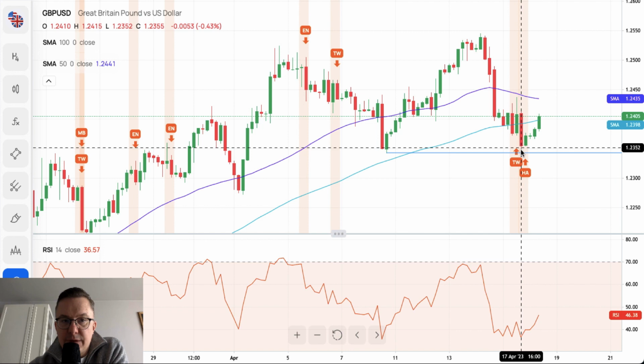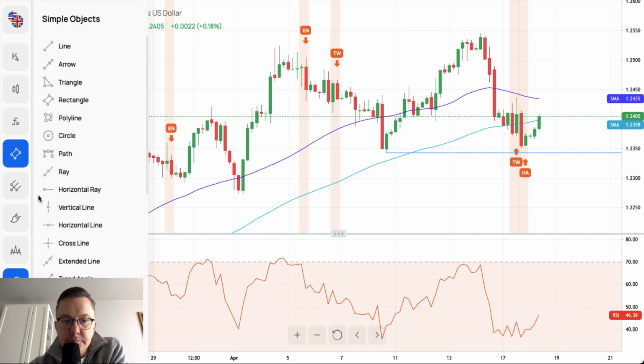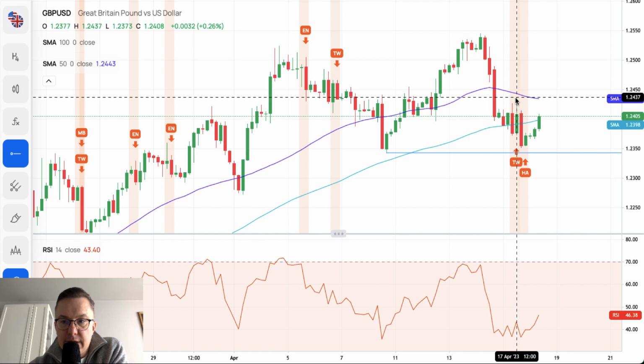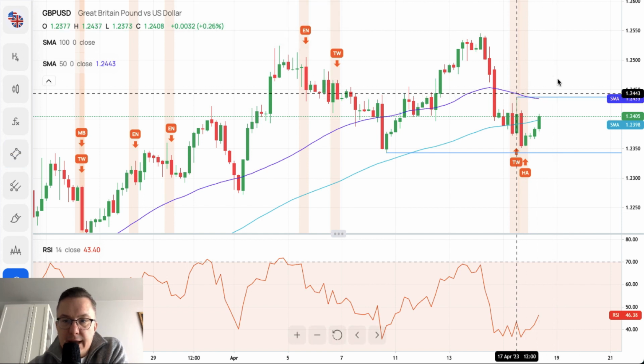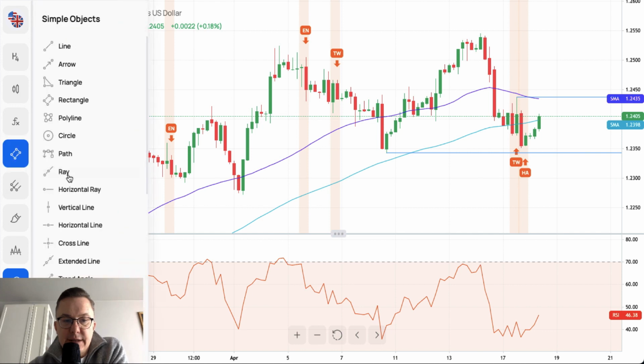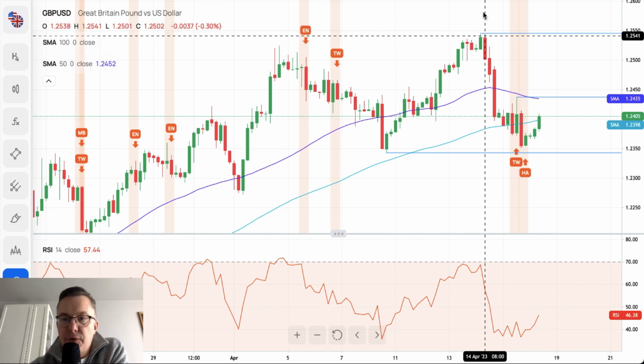Nevertheless, the low was at 1.2352, so only 10 pips away. We broke below both of the moving averages. Nevertheless, if we break above this local high at 1.2434 and above the 50 periods moving average, the road towards the next swing high is open. 1.2545 is waiting for bulls to test this level.